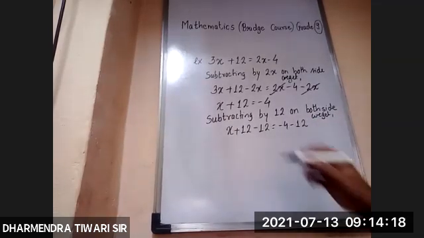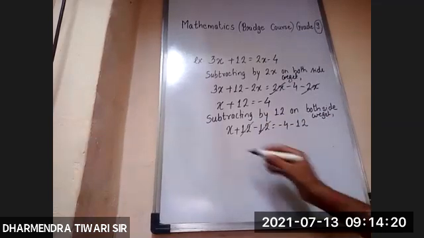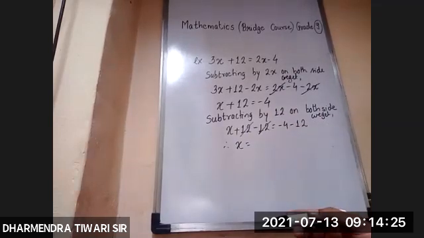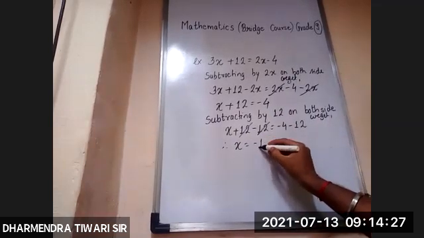So terms with opposite sign on the same side get cancelled. So what remains? x is equal to minus 4 minus 12, which is minus 16.